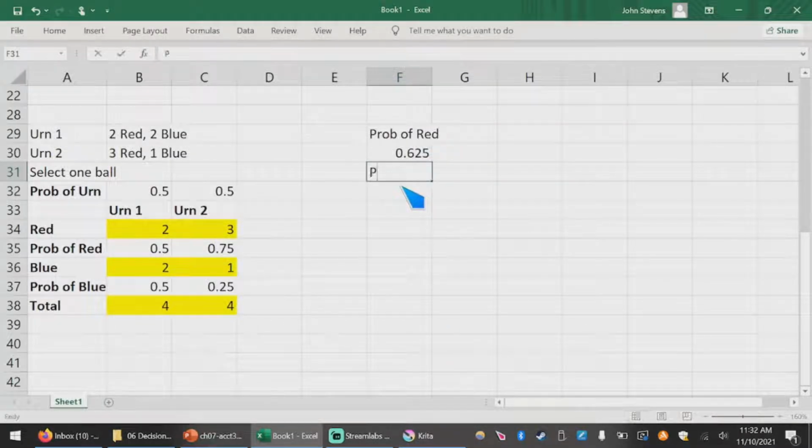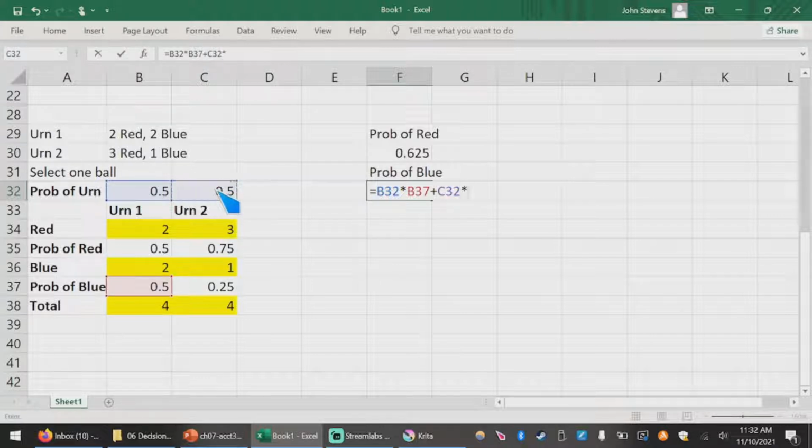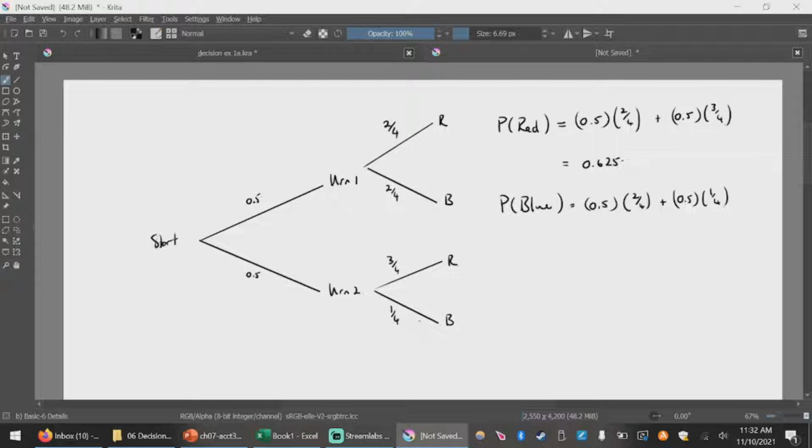Probability of blue: probability of urn 1 times probability of blue given urn 1, plus probability of urn 2 times probability of blue given urn 2. And as suspected, it is the complement of red, 0.375, because red and blue are the only outcomes eventually.